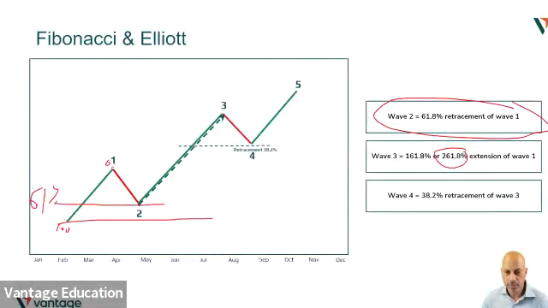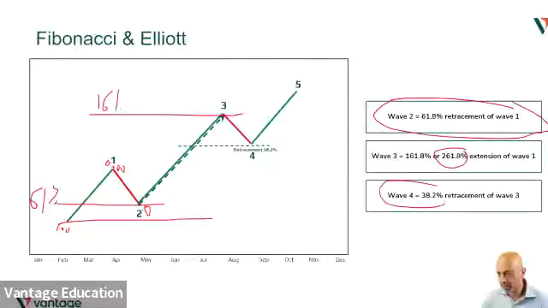So in this case, you start your starting point here and you end at this ending point here. So this is now 100%, this is 0%. So naturally, all the extension levels are above here. So your 161.8% Fibonacci extension level would be around here.